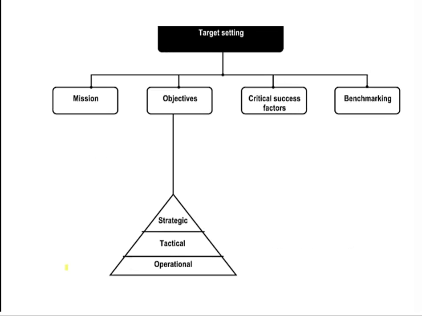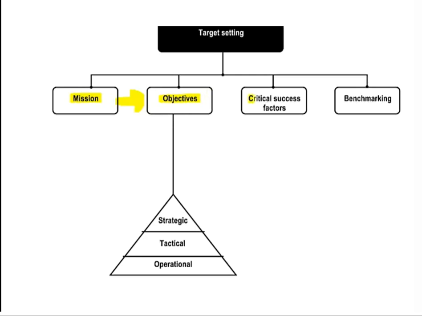The highest level targets then in an organisation will be those of the mission. So what top management believe their vision for the organisation is and what they are trying to achieve. That will be backed up then by objectives, and there are objectives at different levels of the organisation, and we'll be looking at strategic, tactical and operational objectives.